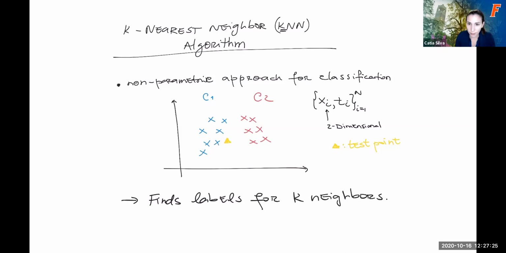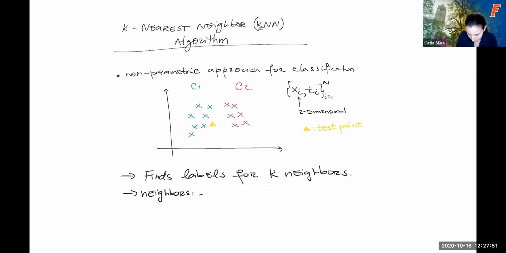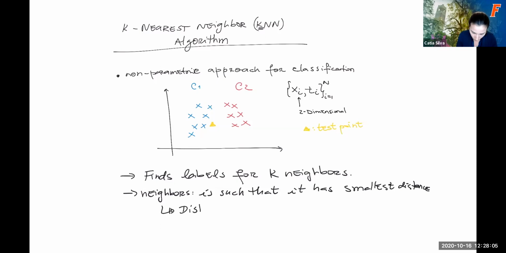Neighbors here can be defined in many different ways. In particular, we can use a distance metric, right? A neighbor is considered a neighbor if it's close in distance to that point. Again, you can use many types of distances. So a neighbor is such that it has the smallest distance, and the distance metric can vary.